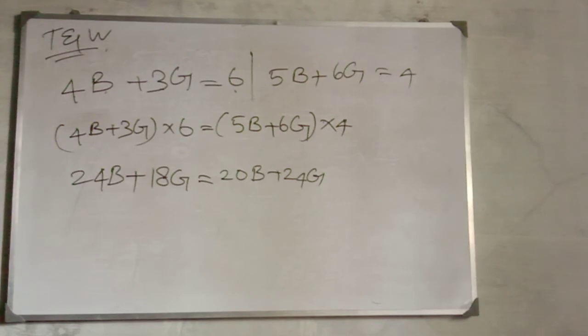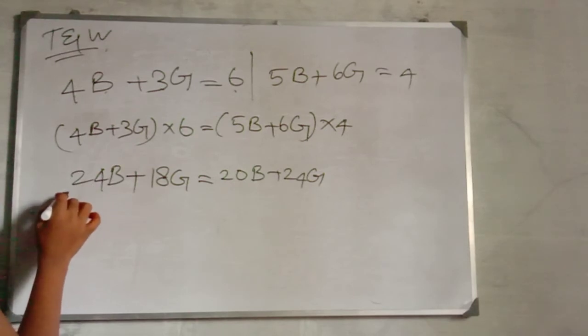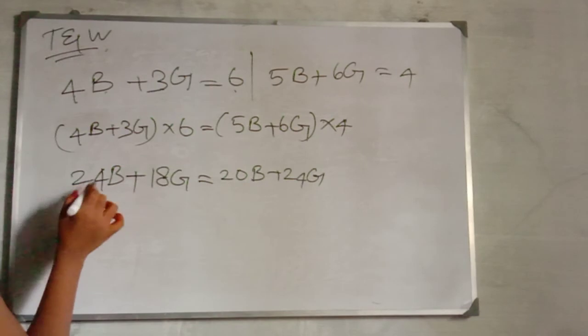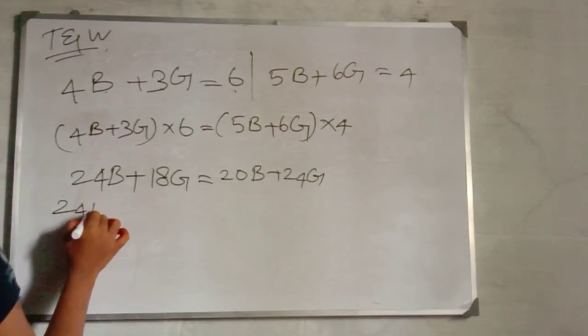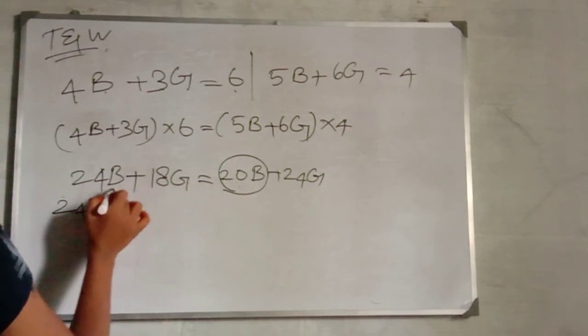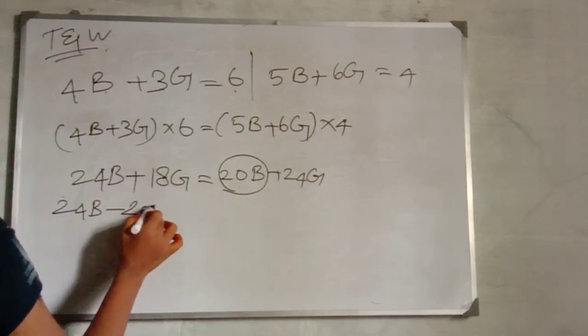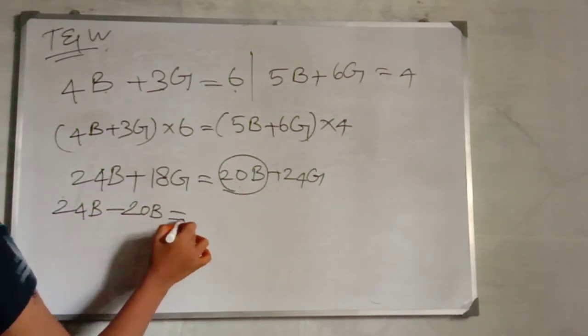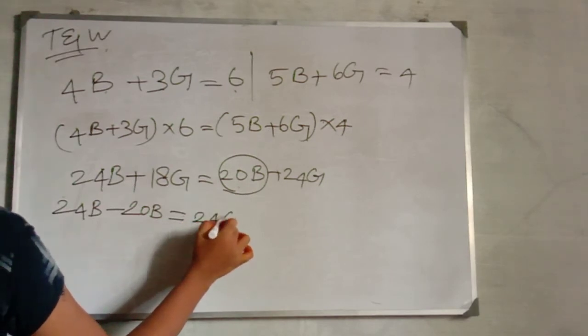So let us take 24b on this side. We move 20b to this side, so 24b minus 20b is equal to 24g.